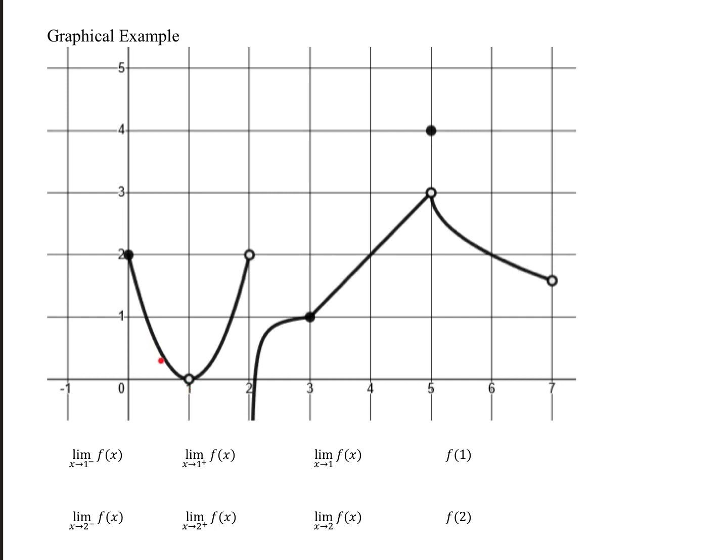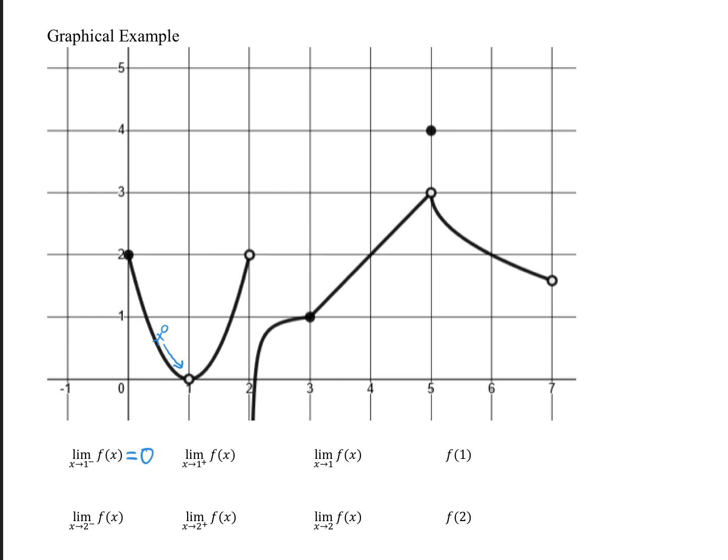If you approach from the left, you can imagine a little person on the graph approaching that x value. What is the y value that the person is approaching? The y value that my function is approaching as the x values get closer and closer to 1 from the left would be 0 in this case.